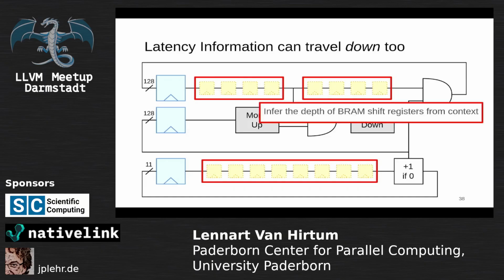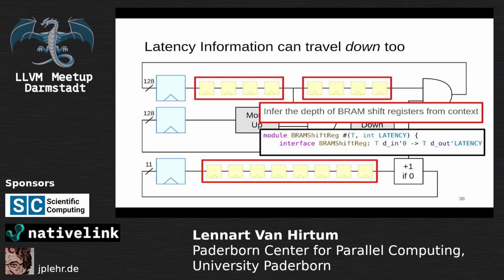So with our type inference system, what we could do is see, okay, this block RAM module has on its ports a latency of 0 and a latency of latency.